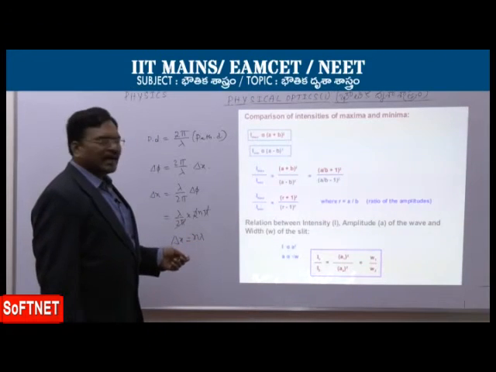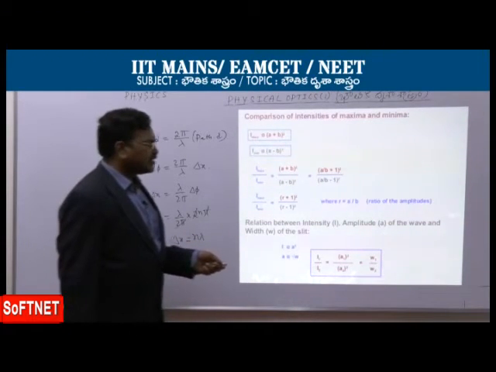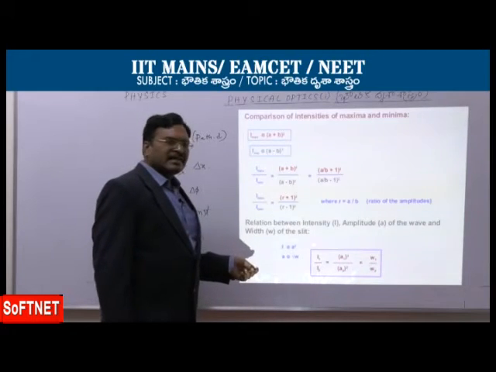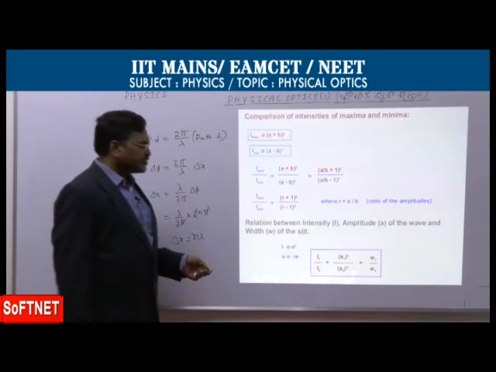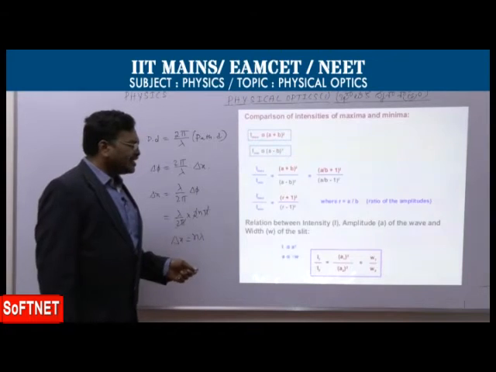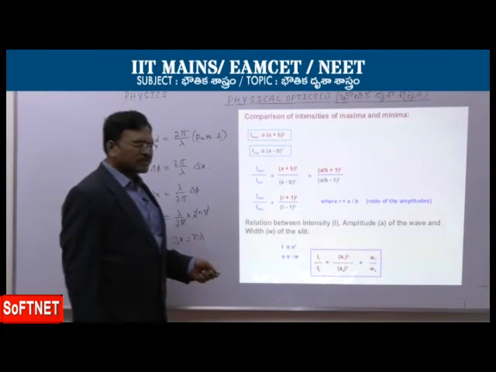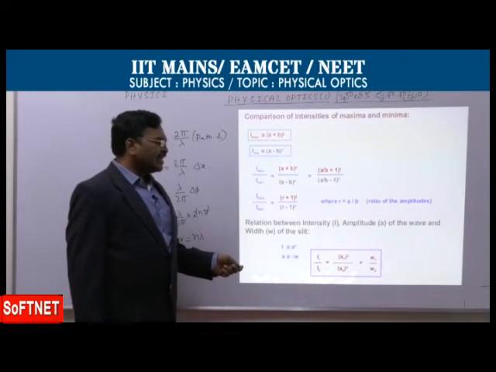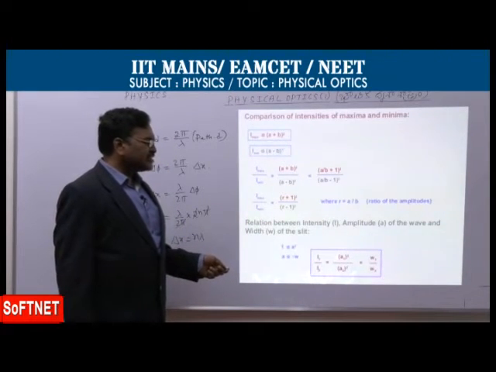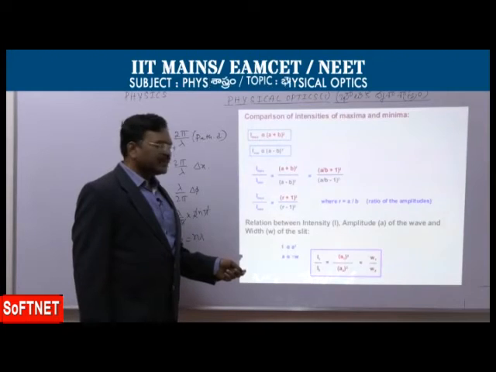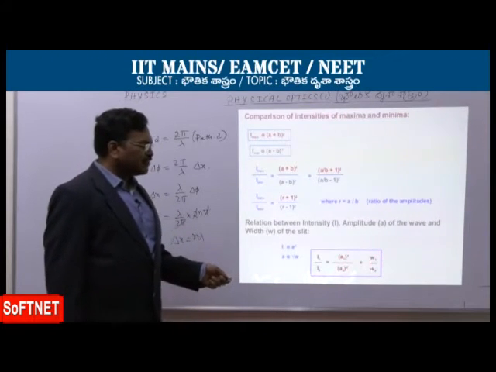Next one, we have the relation between intensity, amplitude of the wave and width of the slit. Here I is proportional to a square. Already you studied in the waves chapter: intensity is proportional to the square of amplitude, and amplitude is proportional to the square root of width. That's why I1 by I2 is equal to (A1 by A2) whole square and also W1 by W2.